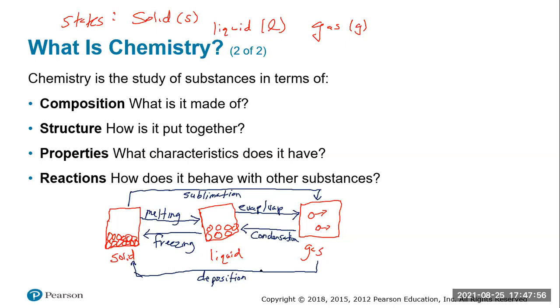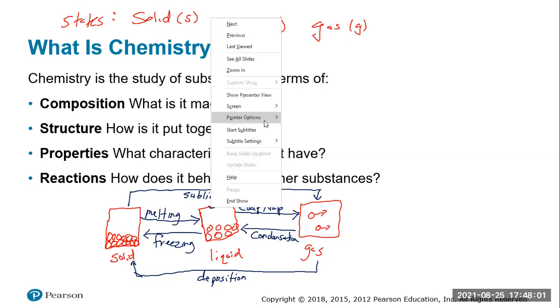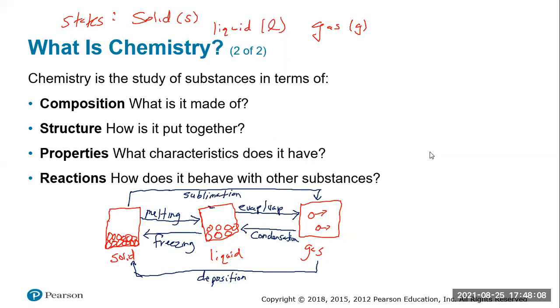Another aspect that we discuss as well is energy. Energy is a really big part of chemistry, and there's energy related to what we're talking about here. For example, if we are going through the process of solid to liquid to gas, you may be thinking, do I need to put energy in to do that, or do I need to put energy out?